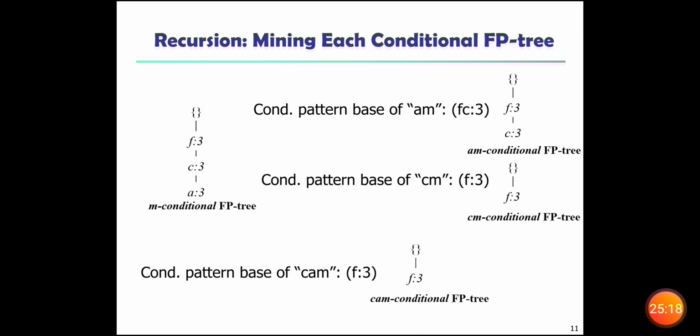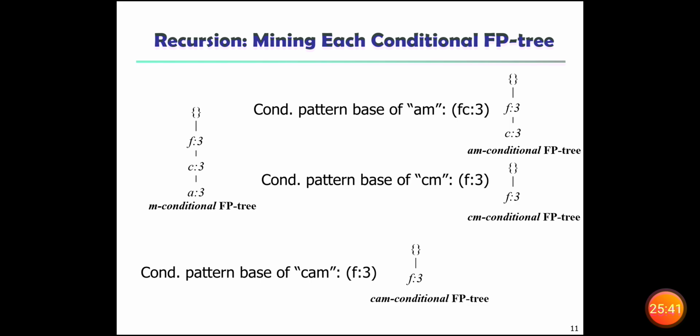Next, the same pattern we can take over here. With respect to this first tree, our continuation of the first tree content pattern. If you take AM, the same tree, then you will get the structure: root node, F3, C3.